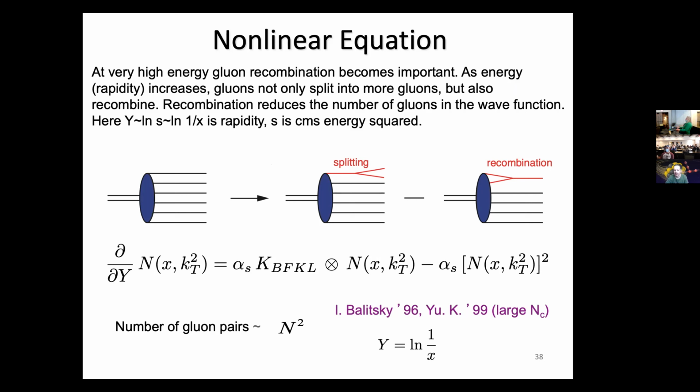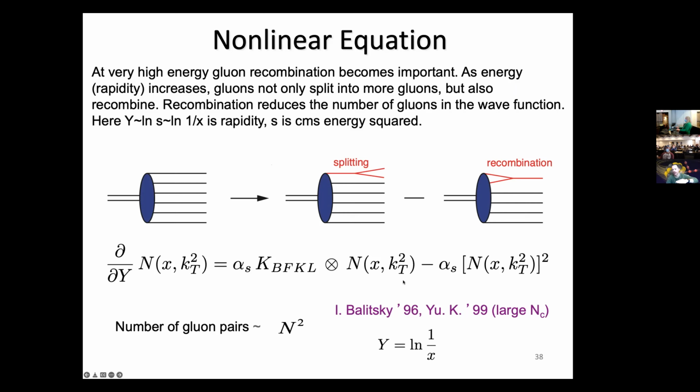It's a quantity more like the dipole amplitude, which is never above 1, right? So imagine that you start with n being very small. If n is small, n squared is a term you can forget about, right? So you start with n being small, and you start running the evolution, which will be BFKL evolution.